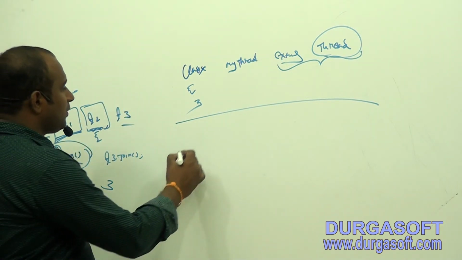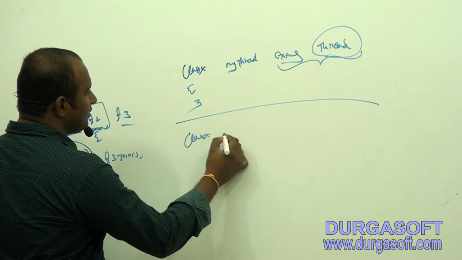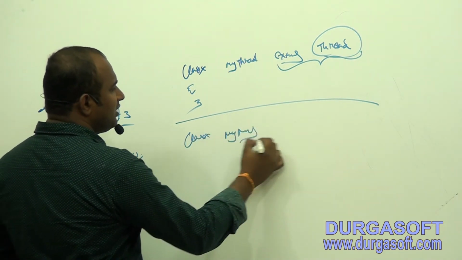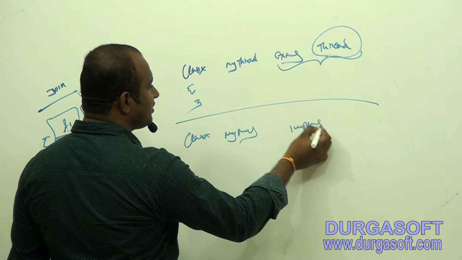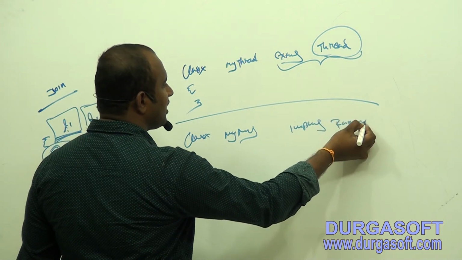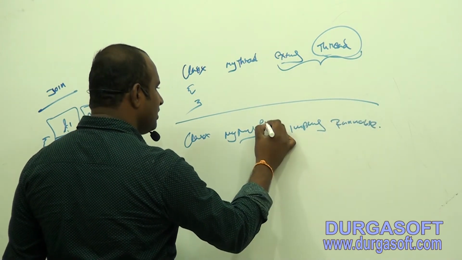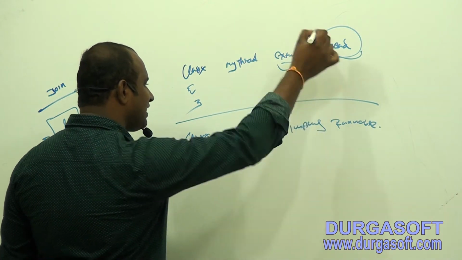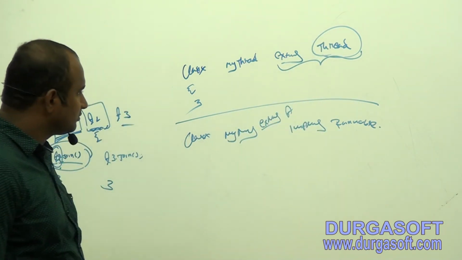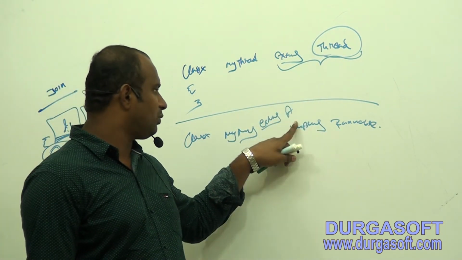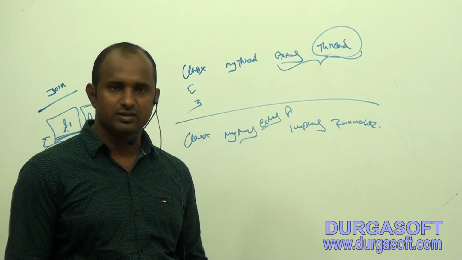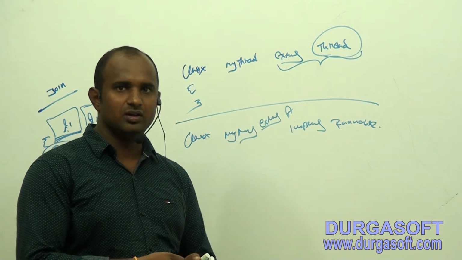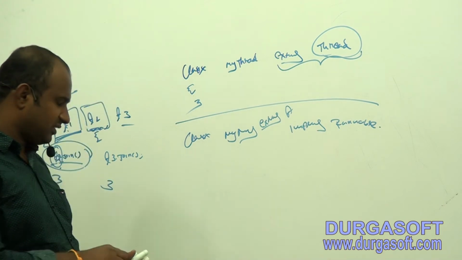But what is the second approach? Here also myThread, and here I am able to implement which interface? Runnable. When we implement Runnable, is it possible to extend the A class or not? It is possible to extend the A class, and it is possible to acquire some properties. Good. So the reason everyone is saying which one?